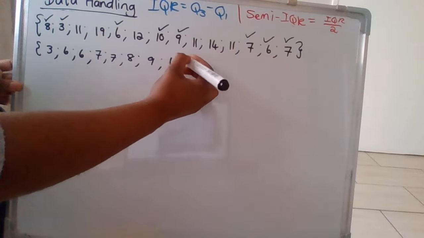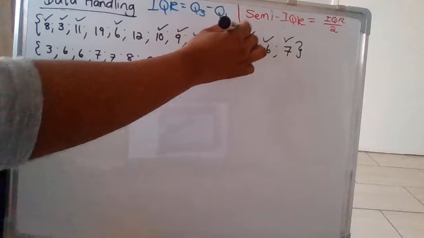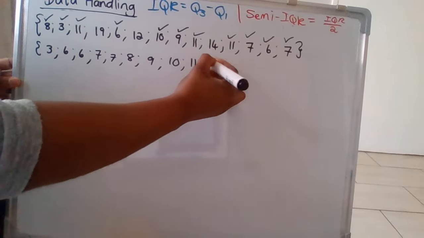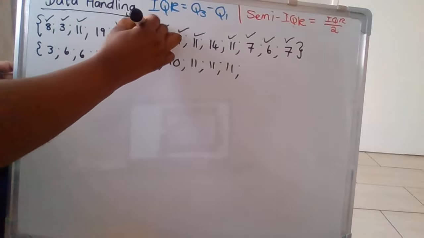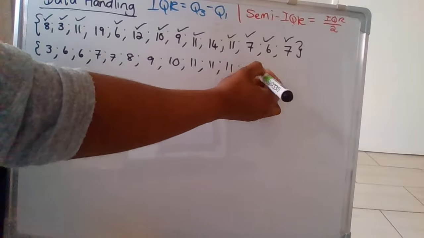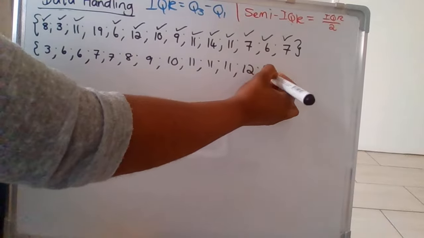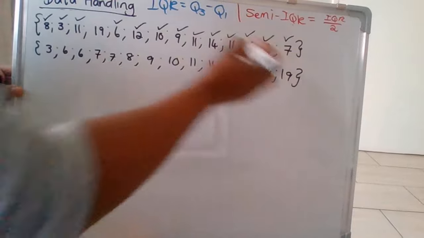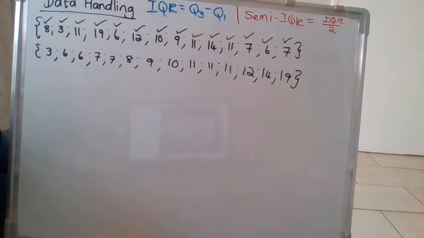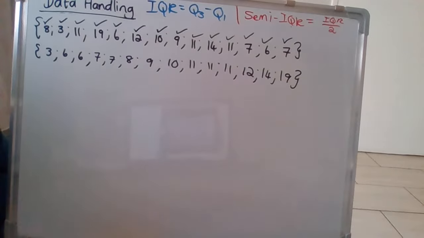Yes, it's followed by a 10, and we have 1, 2, 3 11s. Okay, then we have a 12. Yes, we have a 12. And then we have a 14. And then we have a 19. All right, so there, my data is now in ascending order.